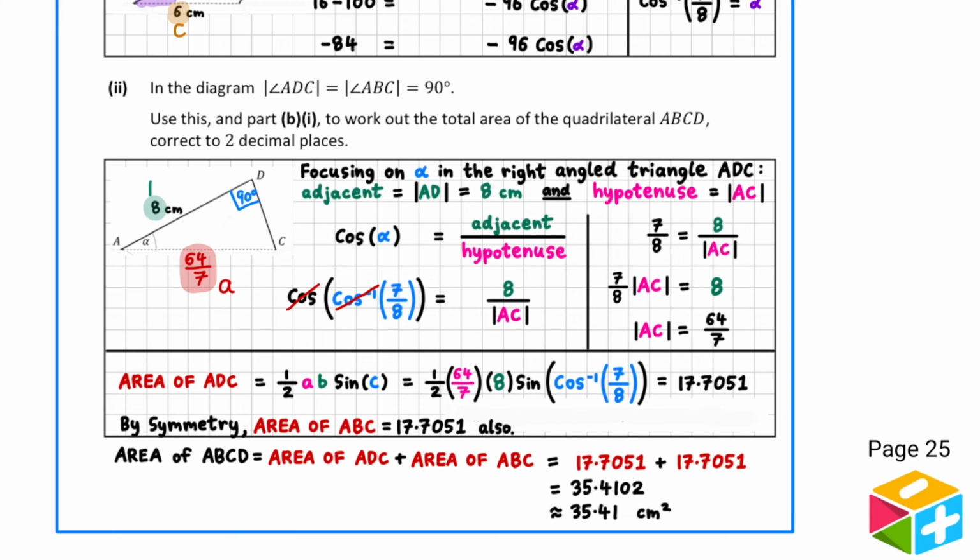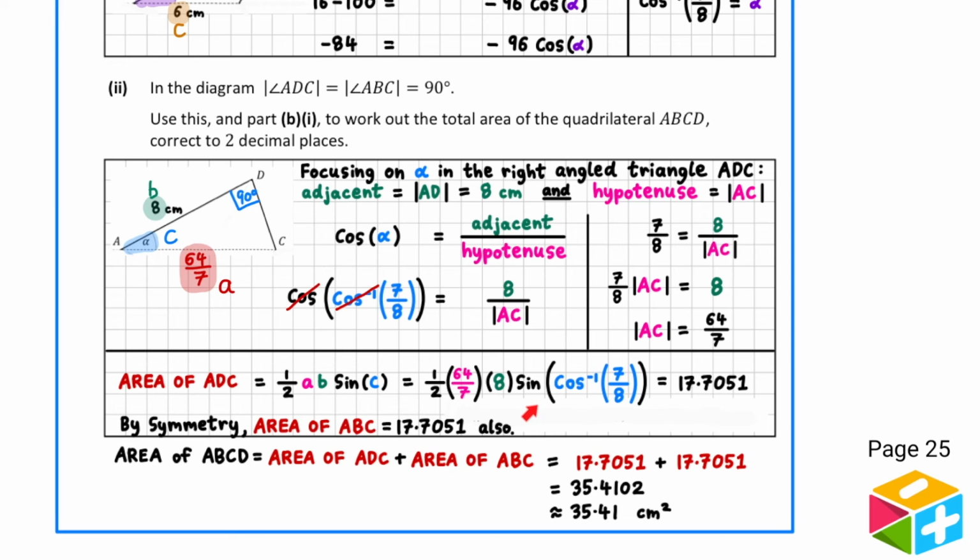Set b equal to the side length AD, which is 8. And set C equal to the angle in between these sides, alpha. In the previous part of the question, we found that alpha is equal to cosine inverse of 7 over 8.